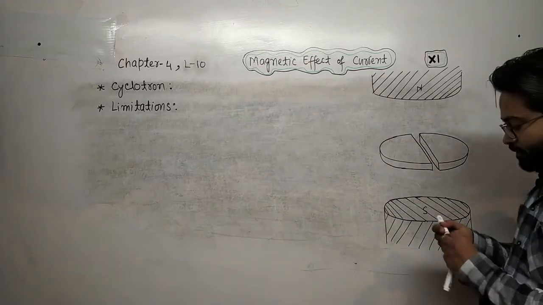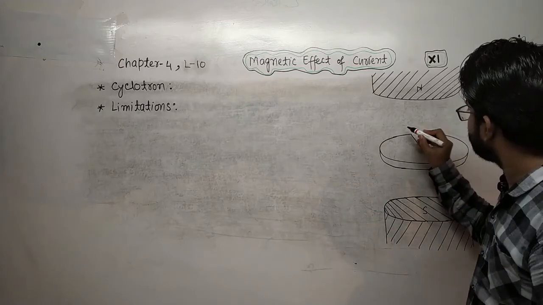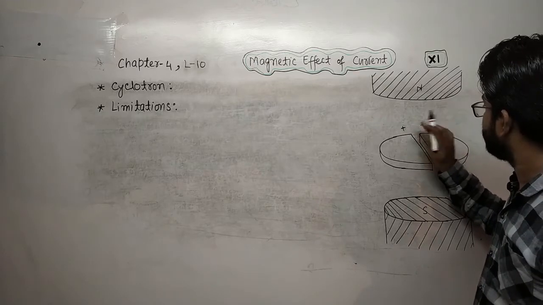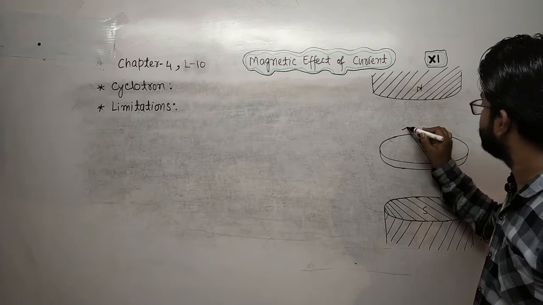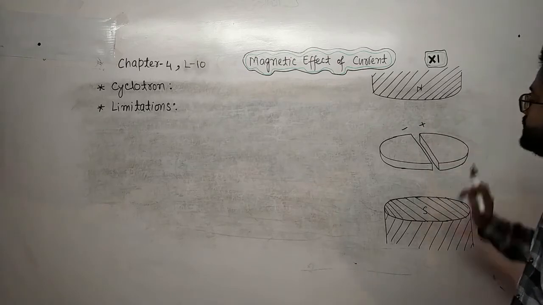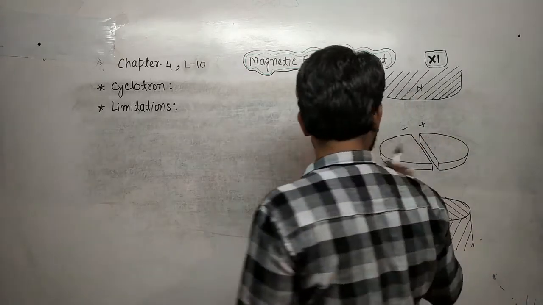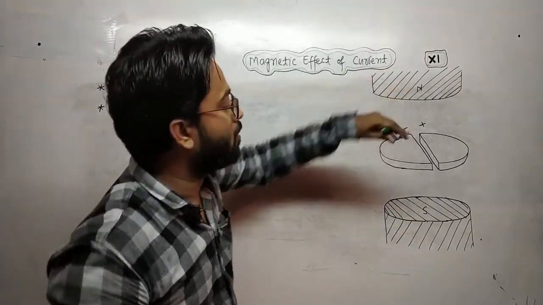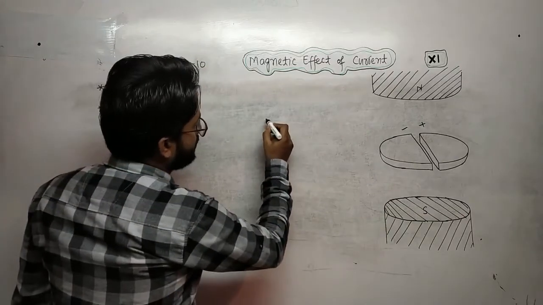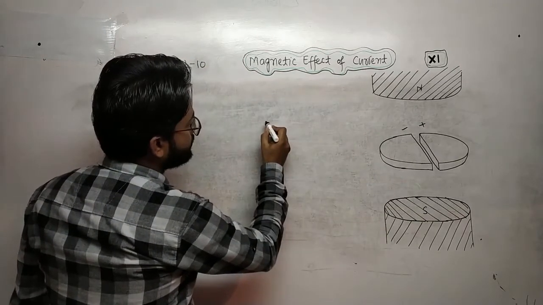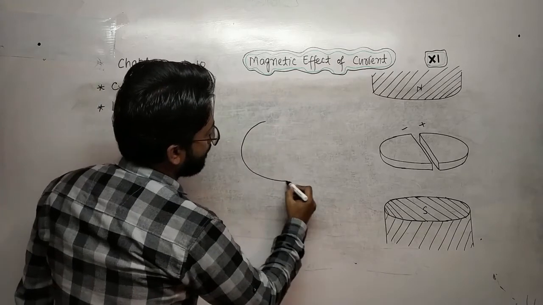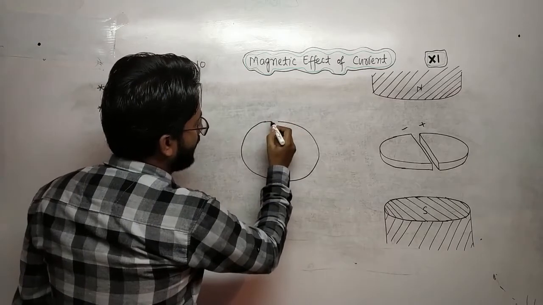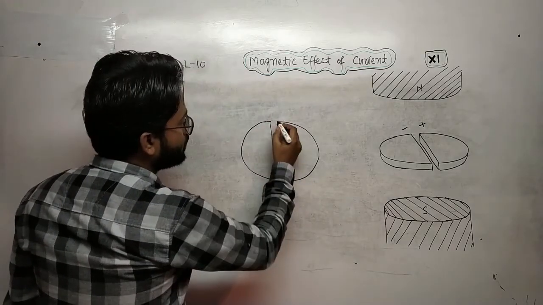Now let us suppose this D is negative and this D is positive. If we draw this figure in two dimensions, from the top view, it will look like this: the disk broken into two parts.